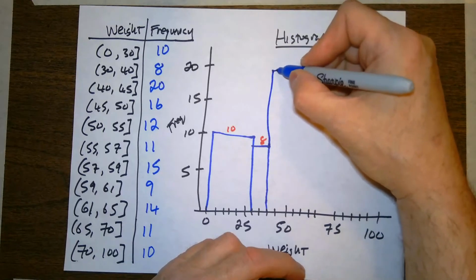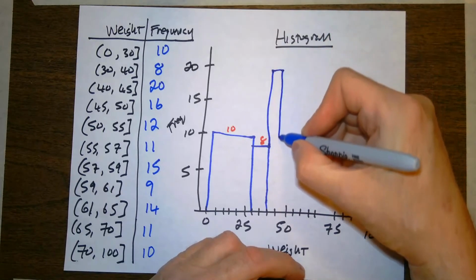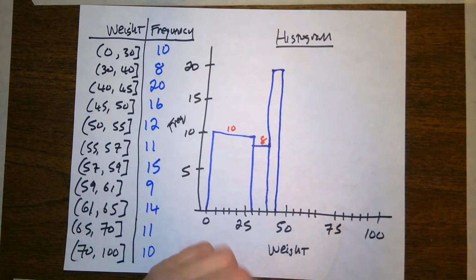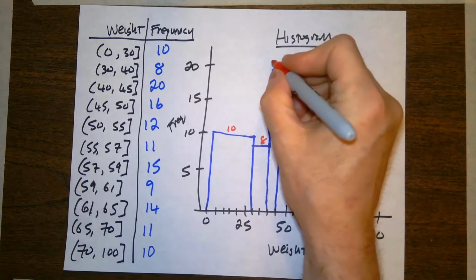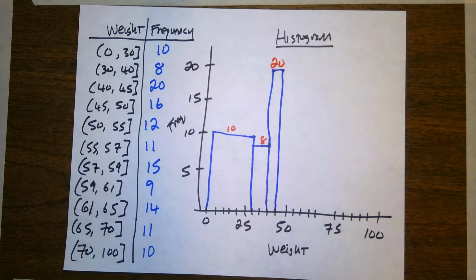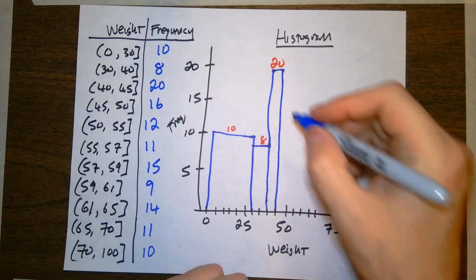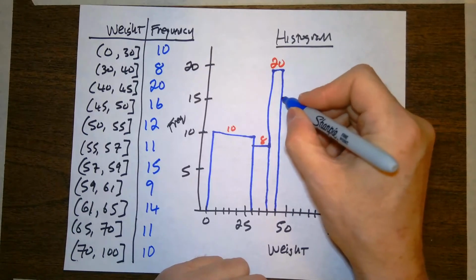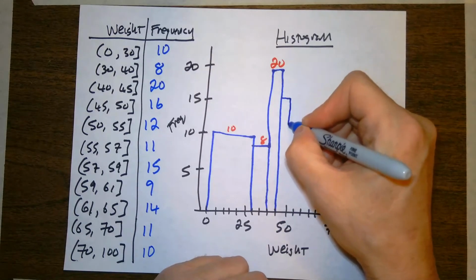It'd be nice to have a ruler, but there we go. And this had 20. And then from 45 to 50, there were 16. So let's say right about here is 16.